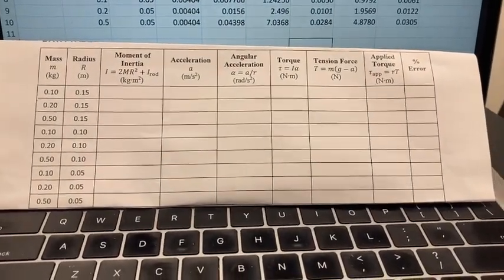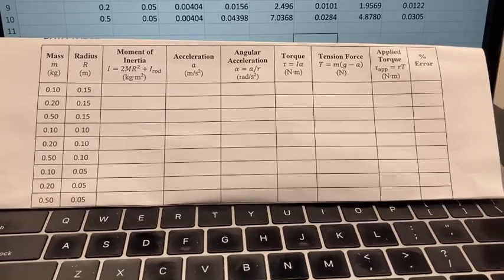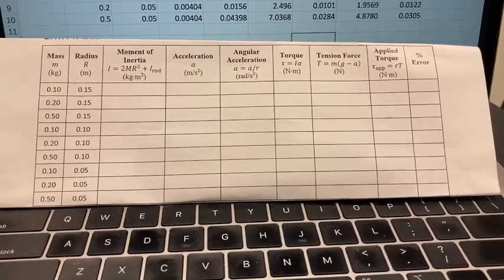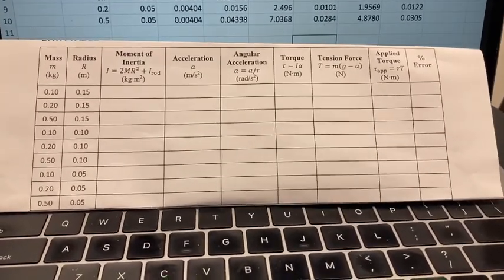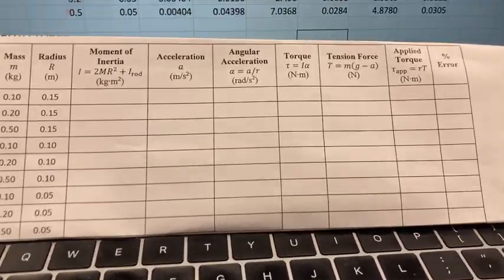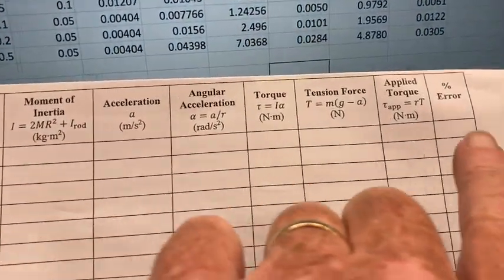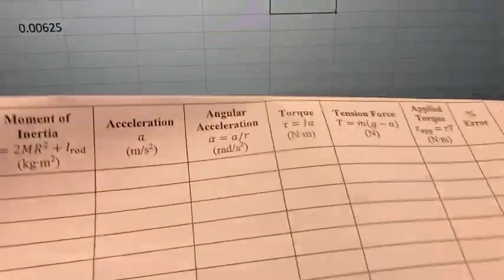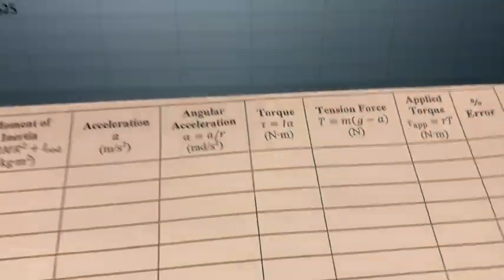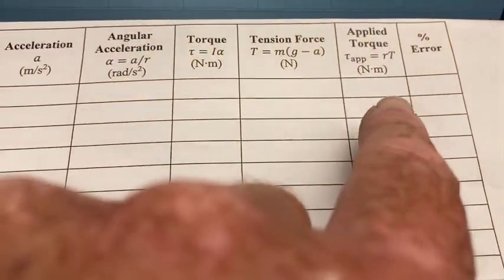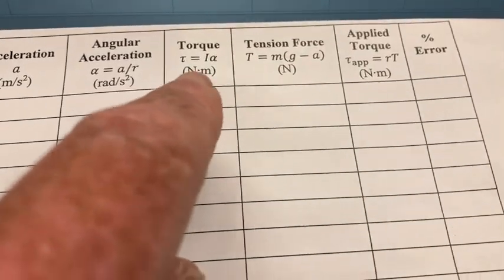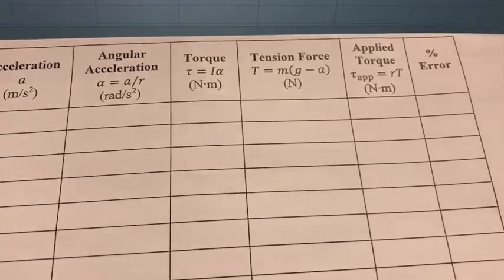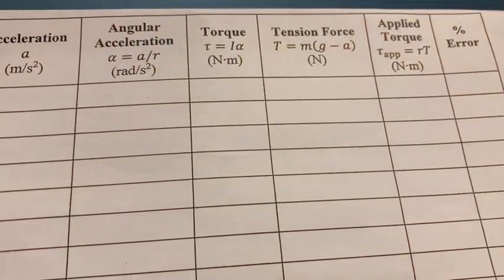That's defined as torque, similar to what we have for Newton's second law of force, mass times acceleration. Then tension, and then applied torque. And to get the percent error, we'll be comparing the difference of these two, torque and applied torque, divided by the torque, and get a percent error, which should be relatively small. Part of the questions will ask how that happened.